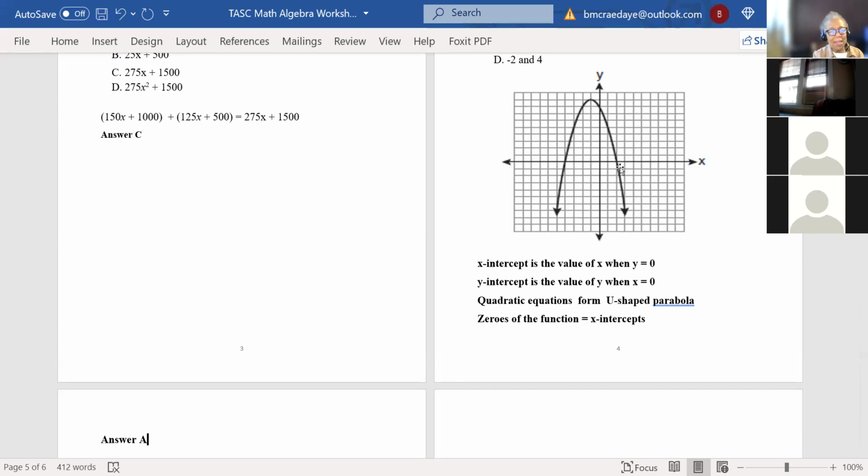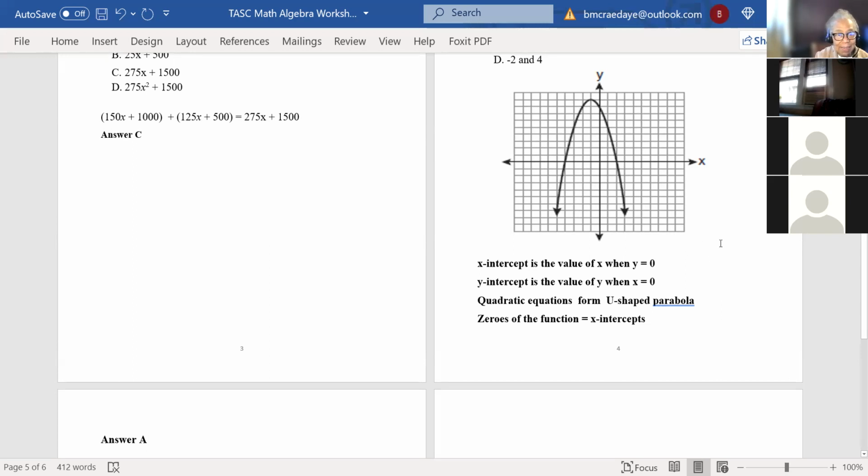Maureen, what is the y-intercept on this parabola? I really don't know because I don't have any luck with these graphs. Well, Maureen, let's take the guessing out.